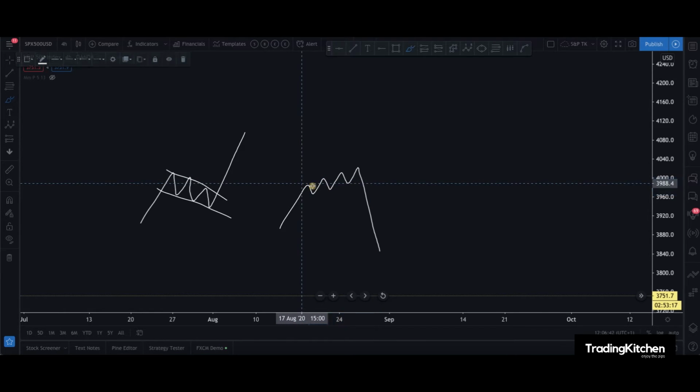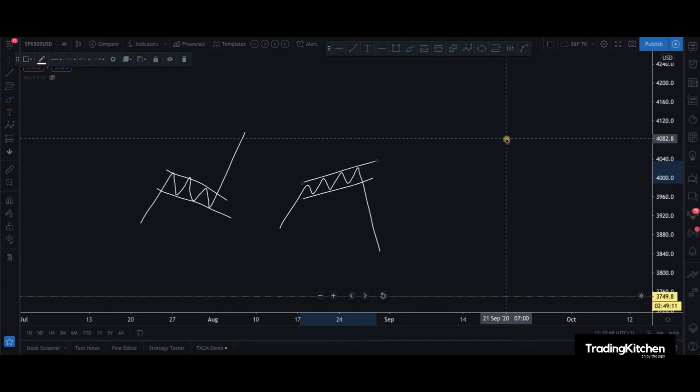I'm sorry. We will see a few examples later, and you will realize that graphs are not obviously so pure, okay, but most of the time price makes this kind of movement. So which are the rules behind this kind of pattern?